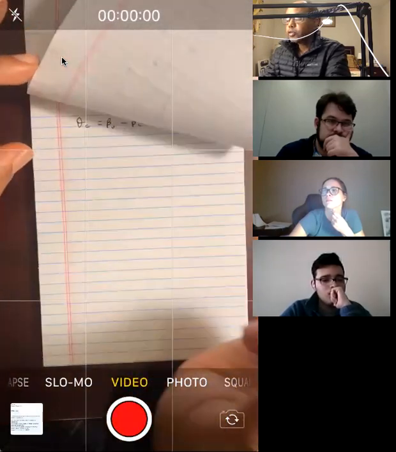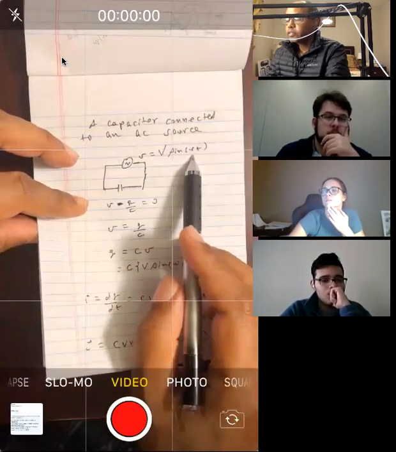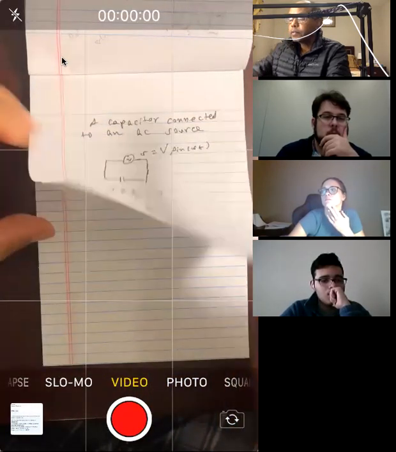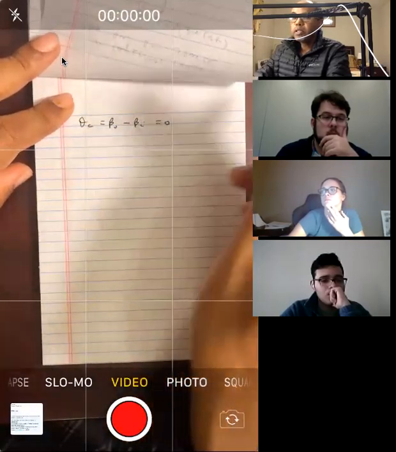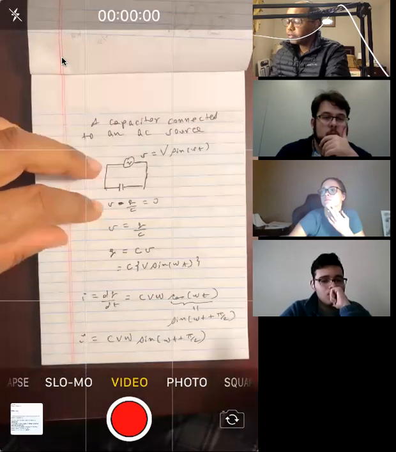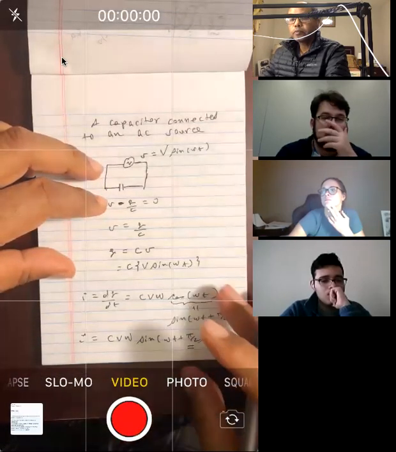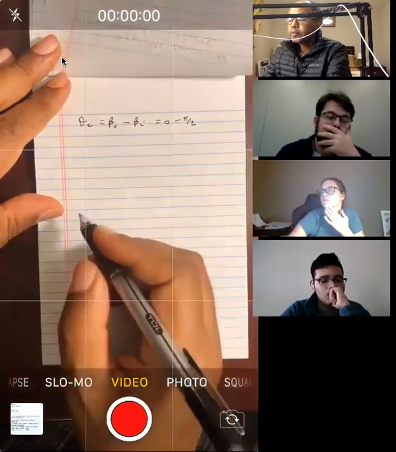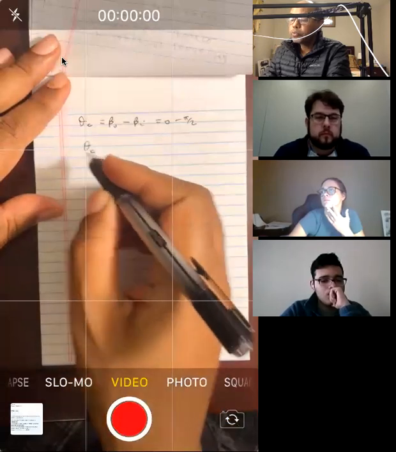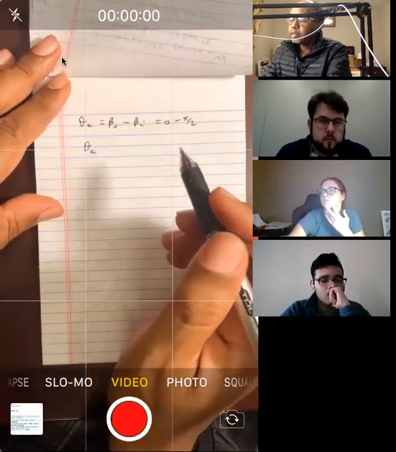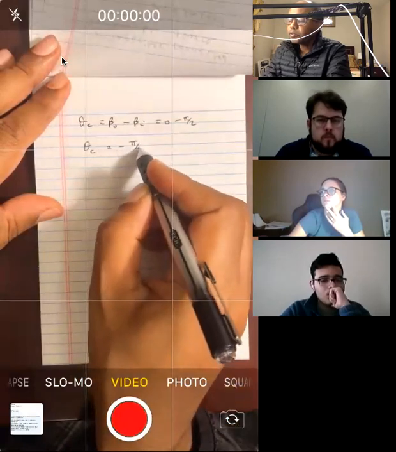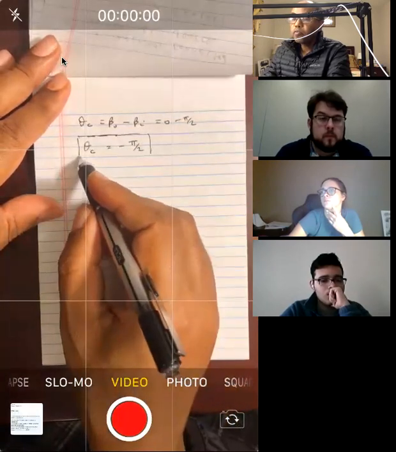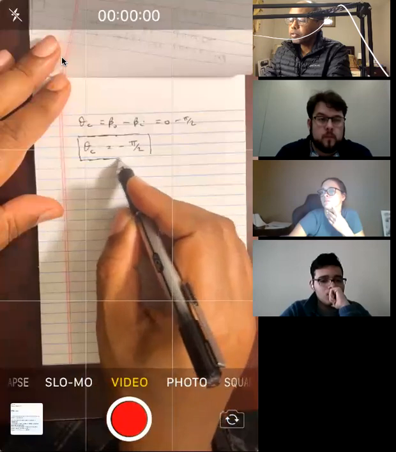We started by letting the voltage vary like this, so the phase angle of the voltage is 0, minus the phase angle of the current, pi over 2. So we have minus pi over 2. What does this mean? For a capacitor, the voltage lags the current by pi over 2.